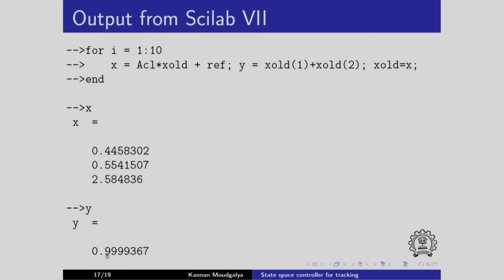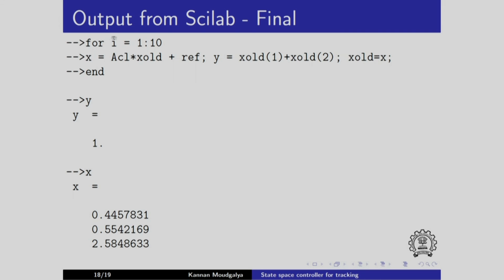If I do this 10 times, you see that y going towards 1, it is not yet 1. So what I do is, manually I copy only these 3 lines and execute them. So this is how I do it. At the end of 10 iterations, you find y to be 1 as we desired, and here are the state values.